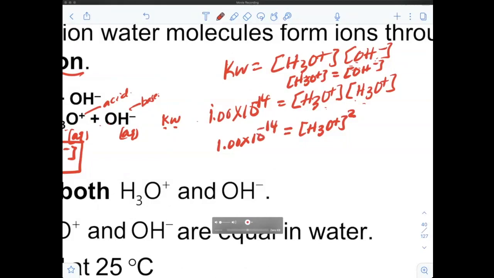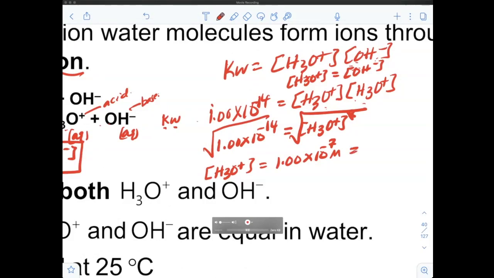To find the H3O plus, take the square root of that, and you end up with H3O plus being equal to 1.00 times 10 to the power negative 7. Since they're equal to each other, H3O plus will be equal to this, and so will OH minus. And when you multiply these two, you get this number we started off with.